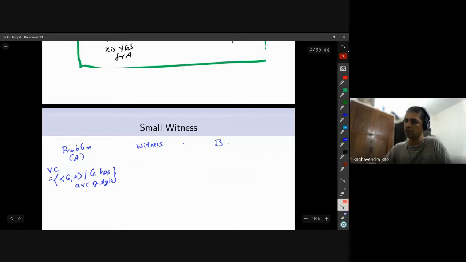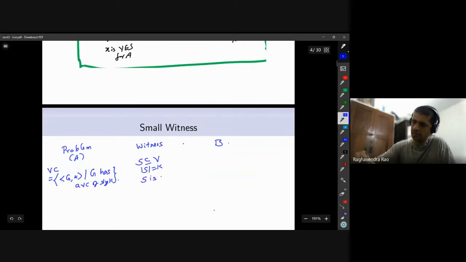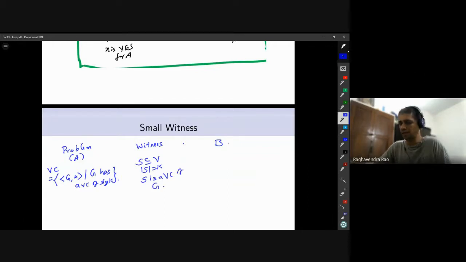Now the witness: S subset of V, cardinality of S is K, and S is a vertex cover of G. So that is a witness.